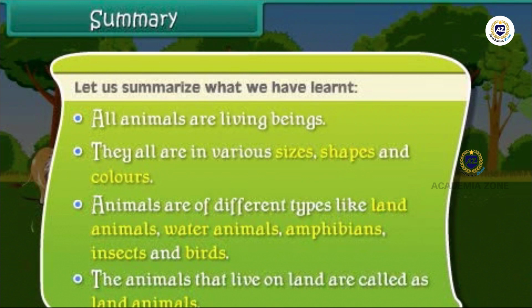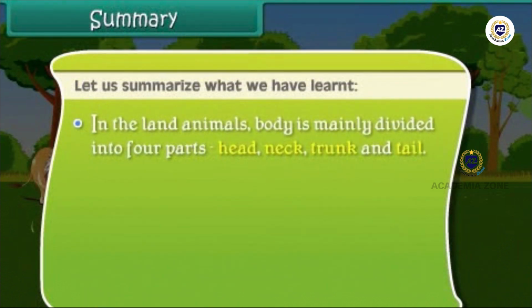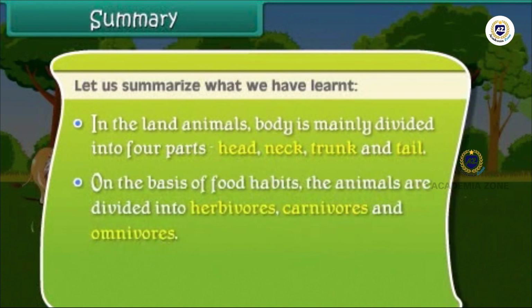The animals that live on land are called land animals. In land animals, the body is mainly divided into 4 parts: head, neck, trunk and tail. On the basis of food habits, the animals are divided into herbivorous, carnivorous and omnivorous.